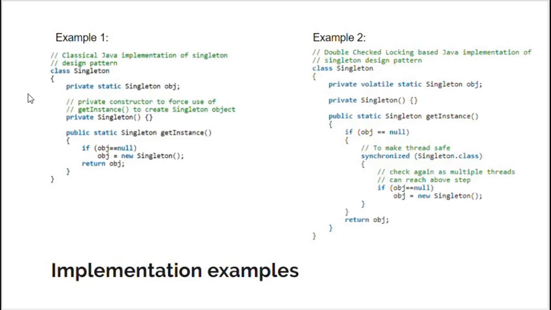Hello, my name is Ben Burrell, and for my section of the presentation, I would like to transition to implementation examples. For the first example, our singleton class has a private static member object that, of course, requires access through a public getter.